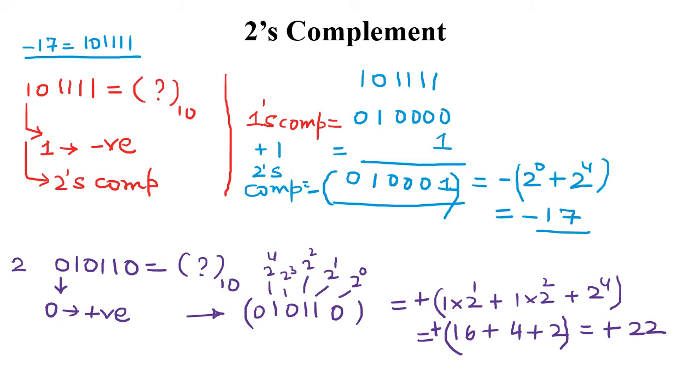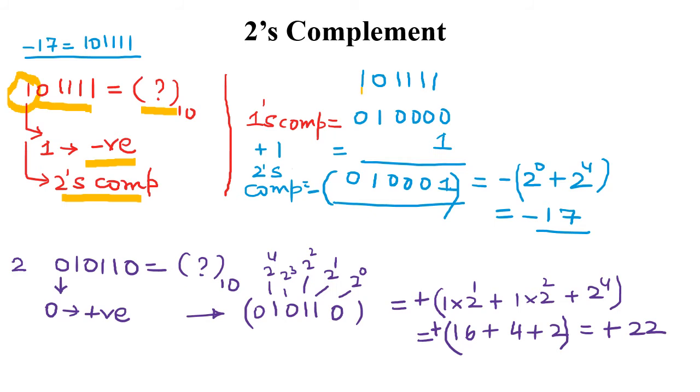Next, we try to find it the other way. Suppose a number is given in its 2's complement form. What is its decimal equivalent value? Now again you have to first see the first bit. If it is 1, it indicates the number is negative, and so you have to find its 2's complement.